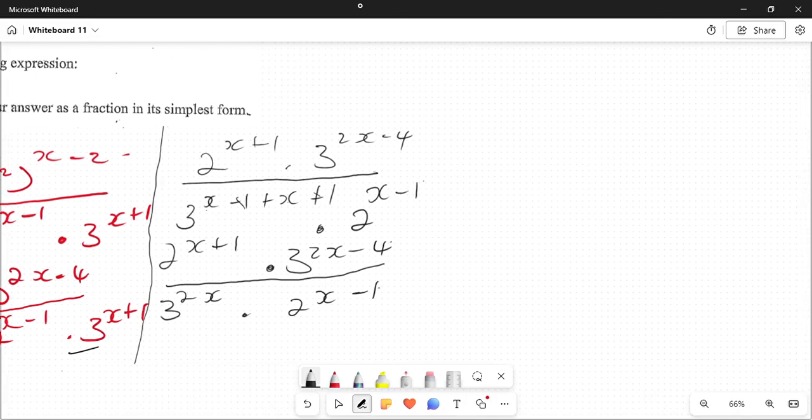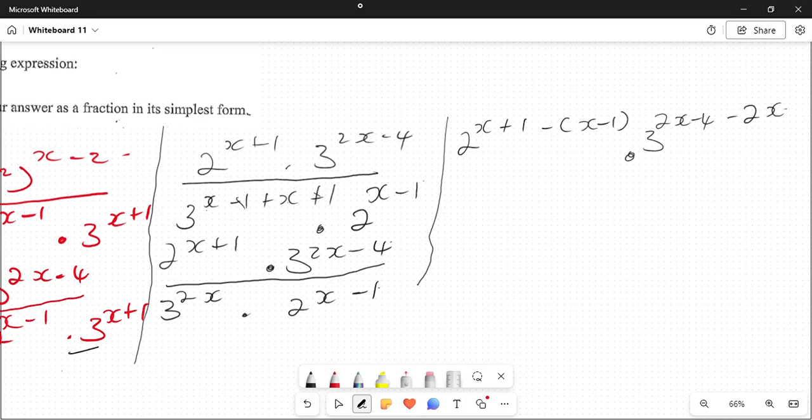Now we're going to say 2 to the power of x plus 1 minus x minus 1, multiplied by 3 to the power 2x minus 4 minus 2x.